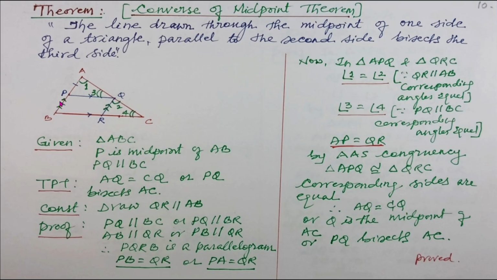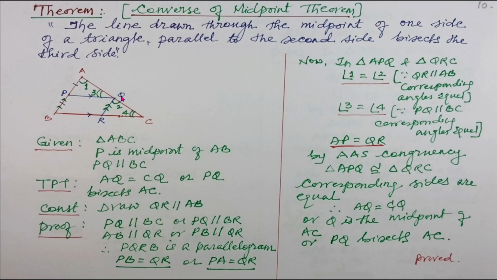If it is a parallelogram, then PB is equal to QR, and PA is equal to QR. So please remember that PA is proved to be equal to QR.